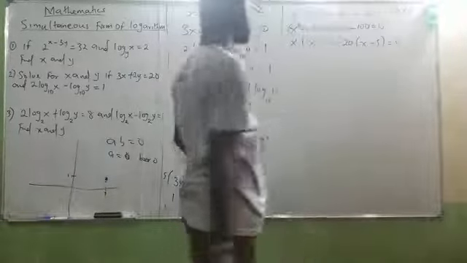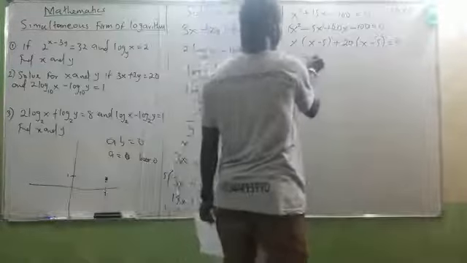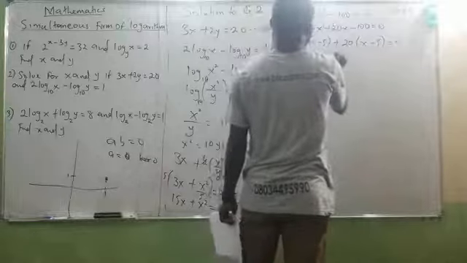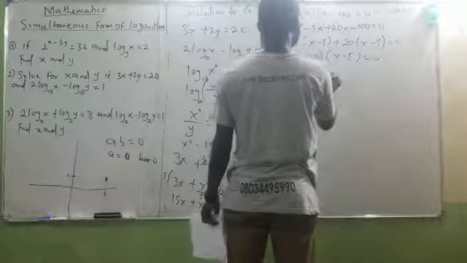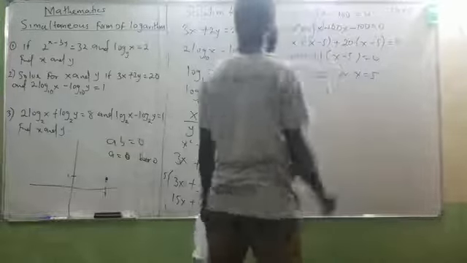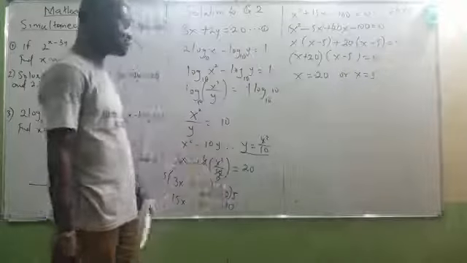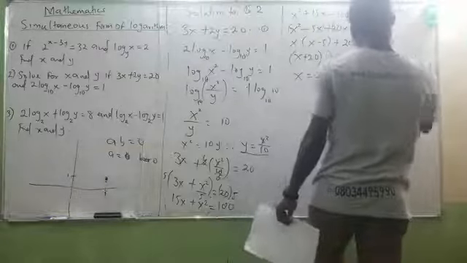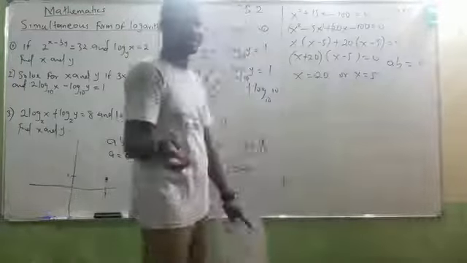Open the bracket, you get to where you are coming from. That is the logic. It means x plus 20 and x minus 5 equals 0. x equals minus 20 or x equals 5. This is what I explained earlier, because if AB equals 0, A equals 0 or B equals 0.